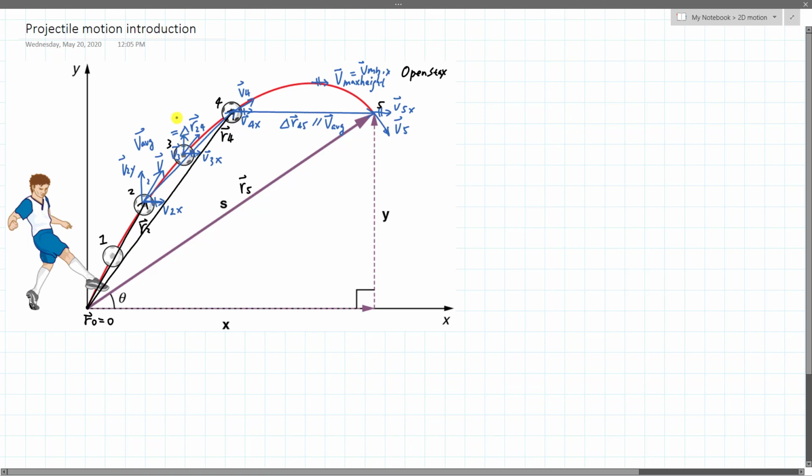I don't think I can mark it, but maybe I should point to it. v3y. And here's a tiny bit of v4y. v4y. And there's no vy anymore. And now v5y is downward. v5y.